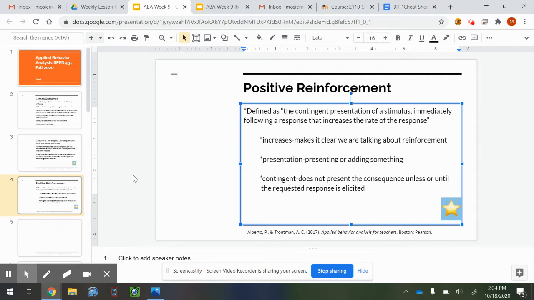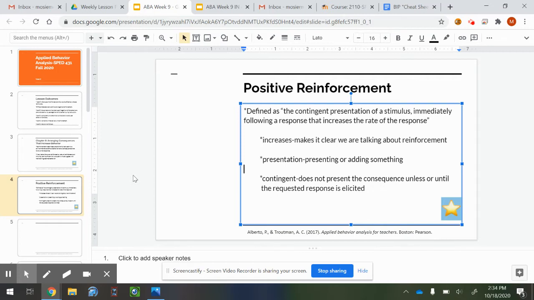And then the last part of that is contingent. So another key word here in the definition of positive reinforcement. In order for this to be positive reinforcement, there has to be a contingency placed. So whatever the reinforcement may be, that reinforcement does not present itself unless or until the requested response is elicited.